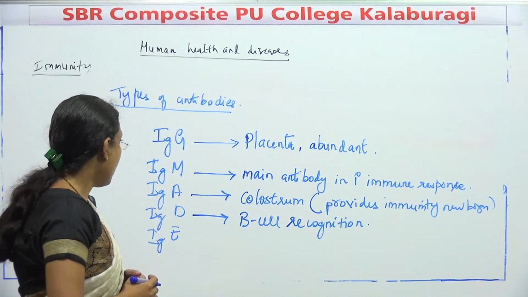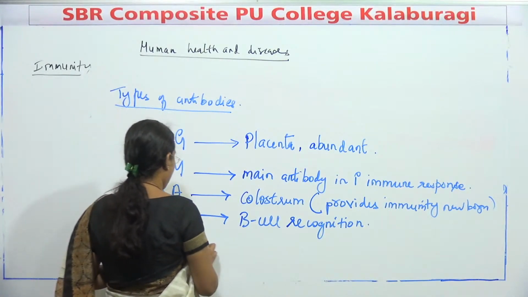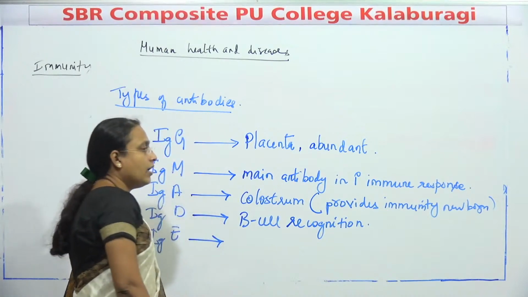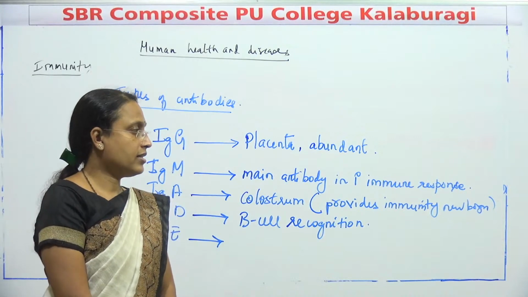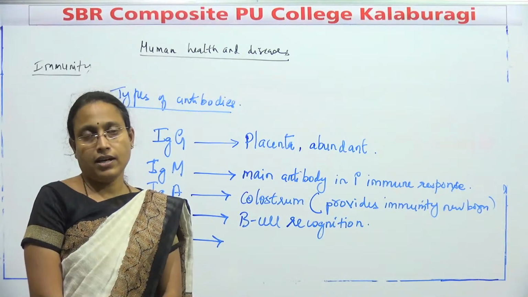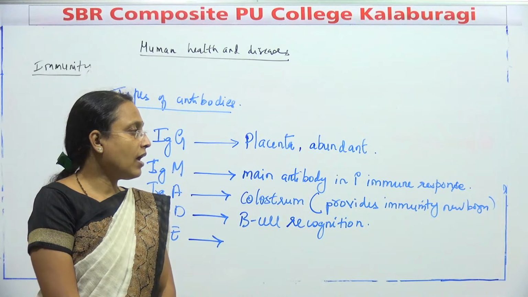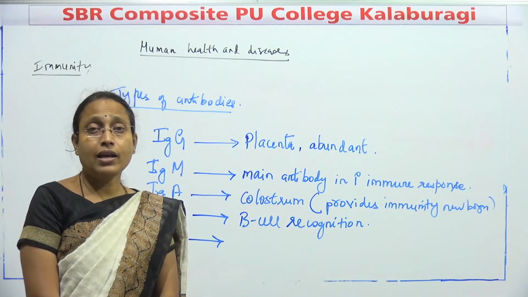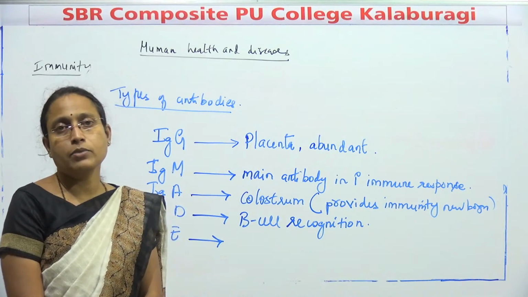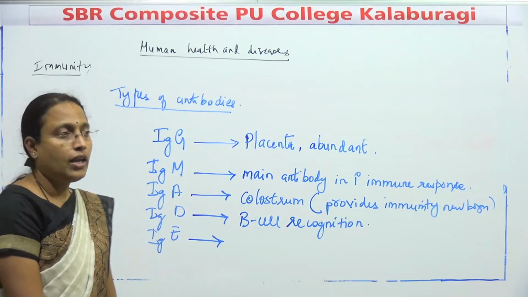Then comes IgE. So IgE is a marker in certain conditions. Let me say allergies. If a person suffers from allergy, his body is supposed to have a high titer, or high concentration, of this antibody called IgE.